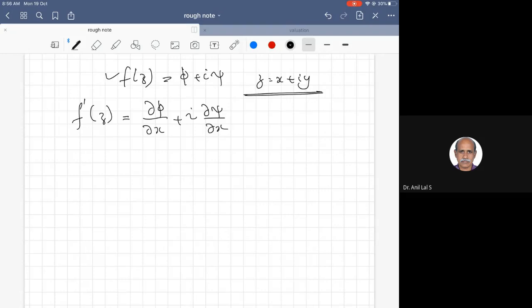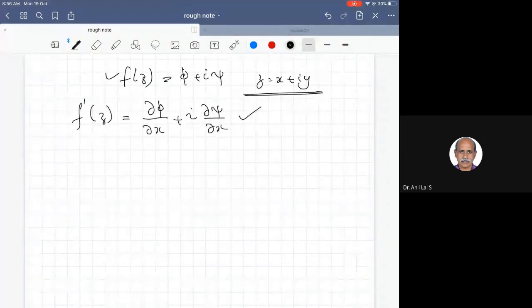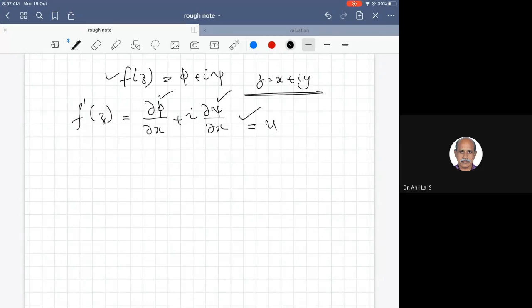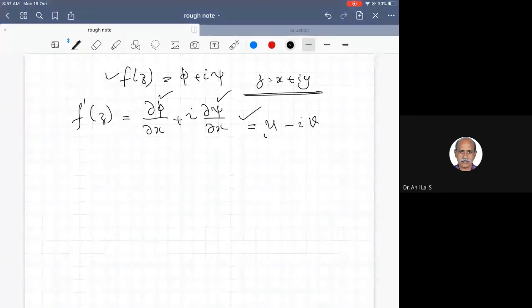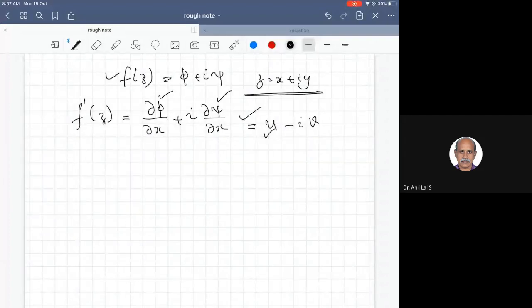This is how the differential of an analytic complex function f dash is equal to dou phi by dou x plus i into dou psi by dou x. So this equation we must remember. What is dou phi by dou x? It is u, the horizontal velocity component. What is dou psi by dou x? It is minus v. So the real part of f dash z represents the horizontal component of velocity, and the negative of the imaginary part gives the vertical component.